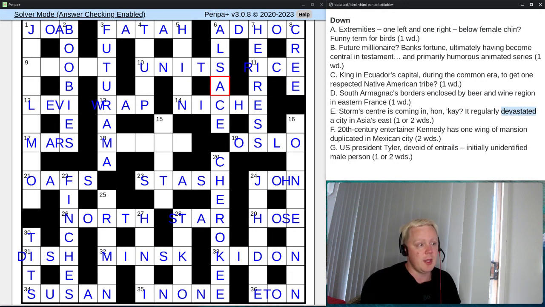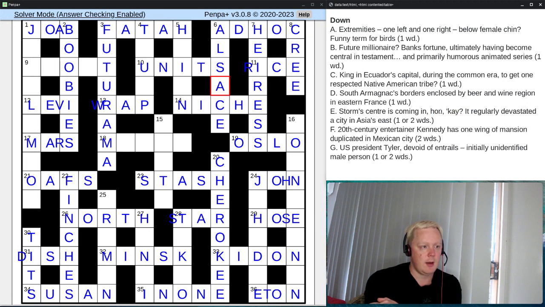So the answer is going to be a city in Asia's east. Now, what's Storm Center doing then? Storm Center is going to be the central letter of the word O. So that is inside these 4 letters anagrammed. So let's look at the odd numbered letters first.